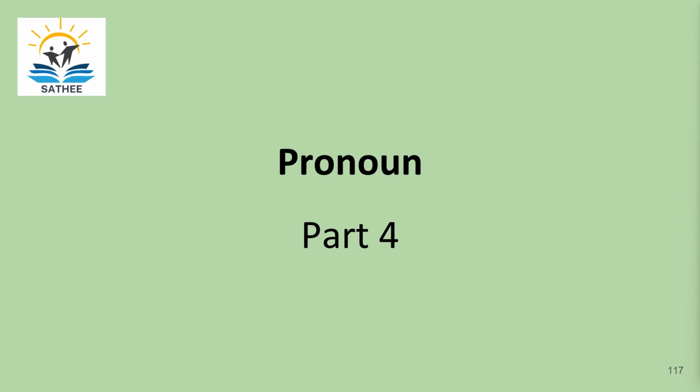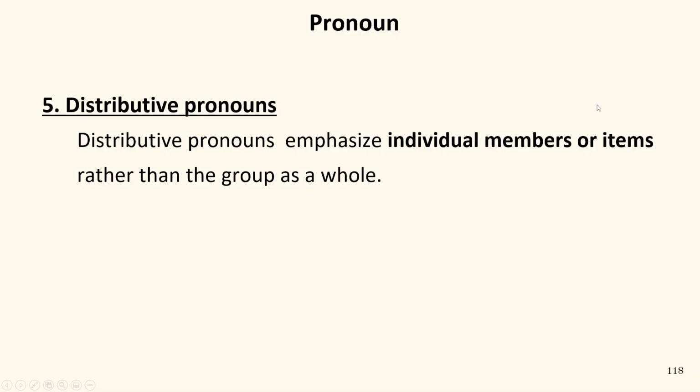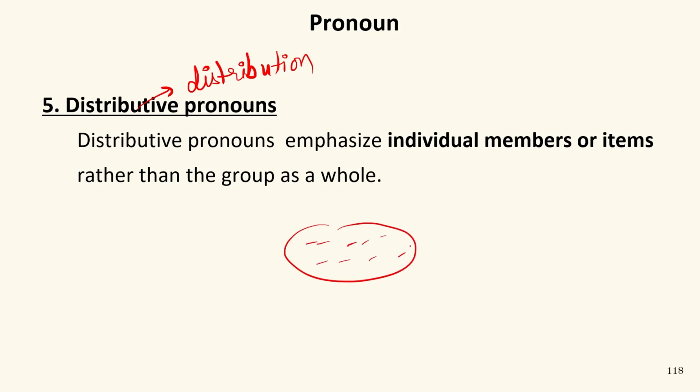In this session, first we will discuss distributive pronoun. Distributive pronoun, as the word itself says, is about distribution. When we talk about not the entire group, but the members of this group individually, distributive pronouns emphasize individual members or items.